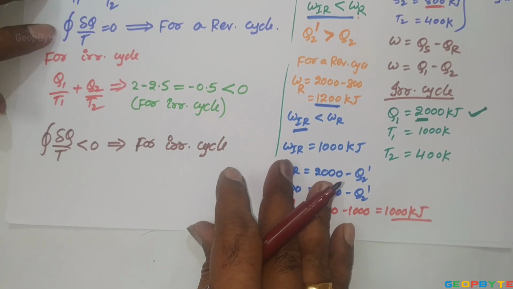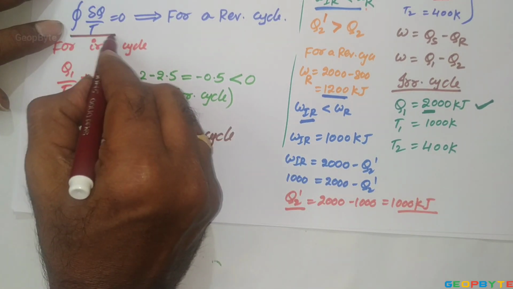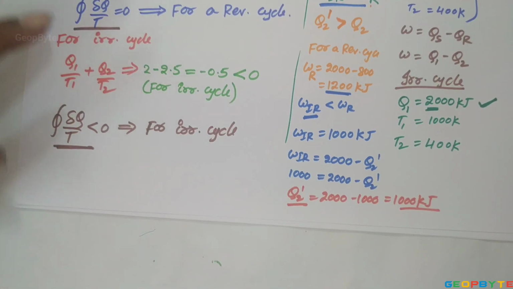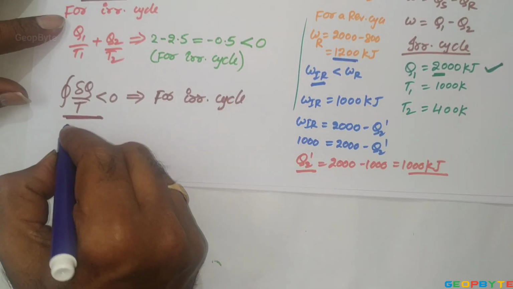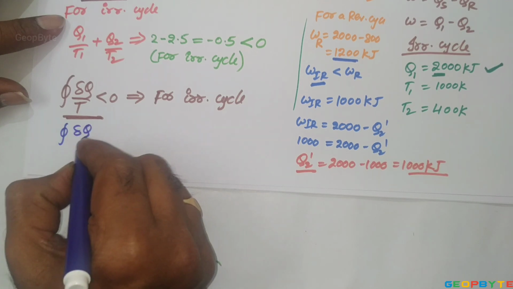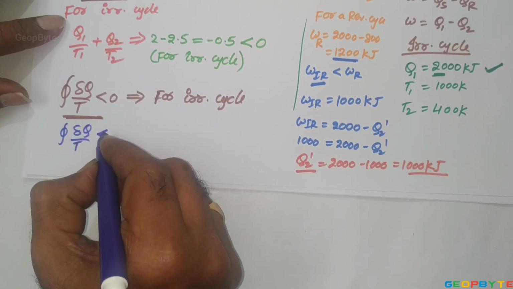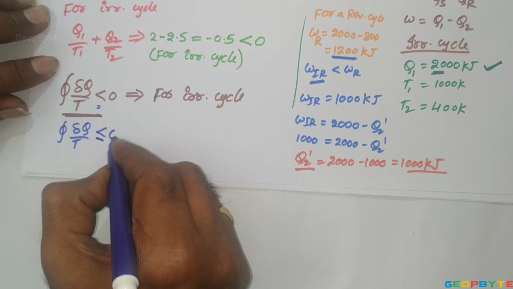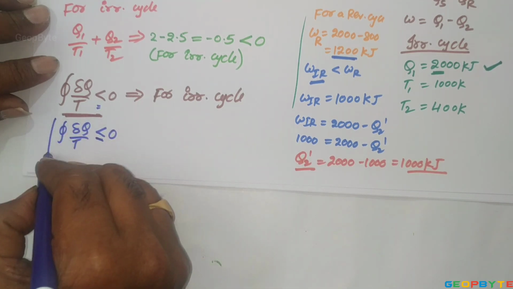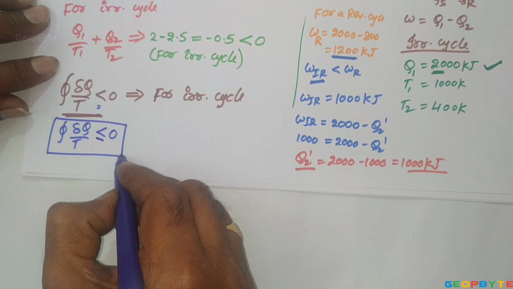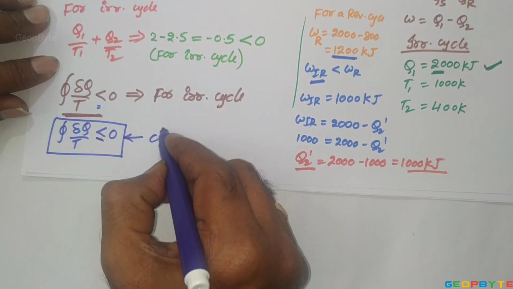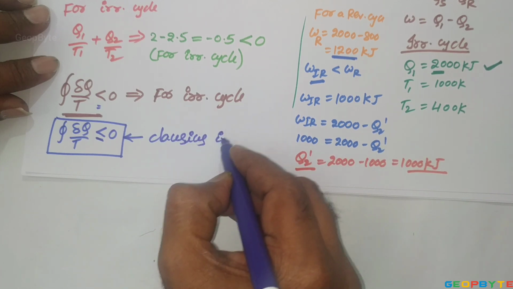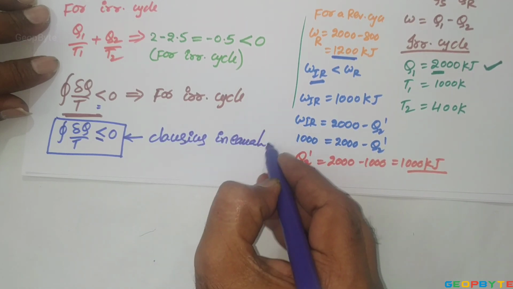Now let us combine the reversible rule and the irreversible rule. Cyclic integral del Q by T less than or equal to 0. This is called the Clausius inequality equation. Very important relation, the Clausius inequality relation.